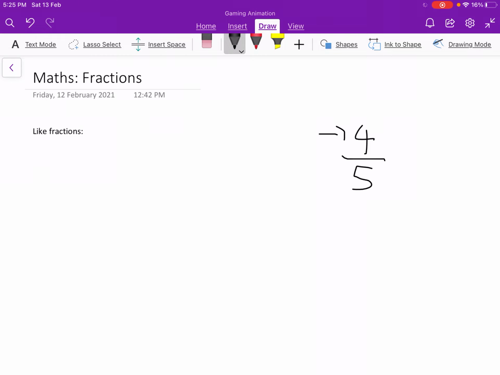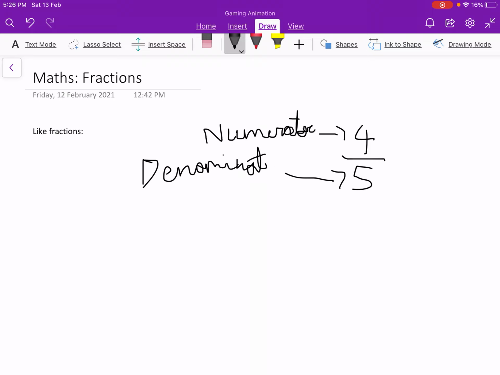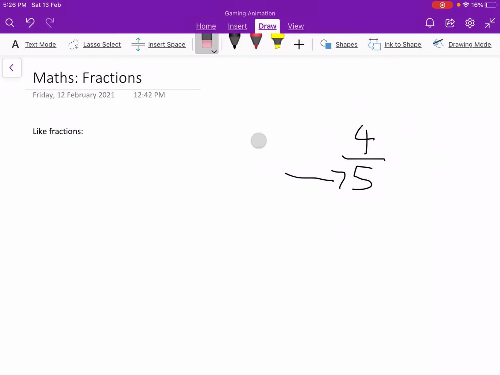I mean the numerator. Sorry. Numerator. And the down number is called denominator. Okay, now I think you have an idea. You can take a screenshot too, or you can write it yourself.